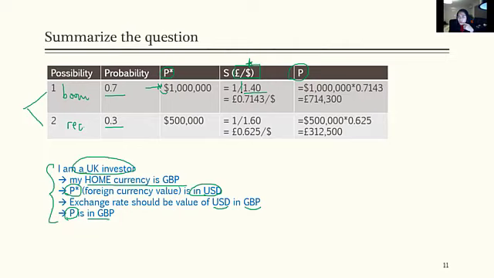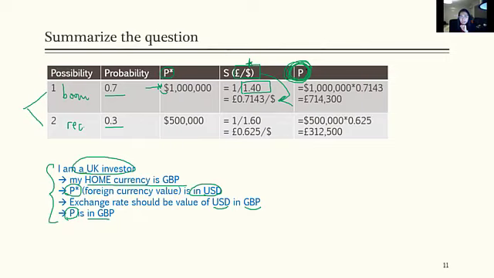Now, the question gives us the dollar per pound exchange rate, but I need the pound per dollar exchange rate, so I'm just going to have to take the reciprocal of the exchange rate in the question. The last column is the pound value of my investment. So this is the domestic value of my investment.